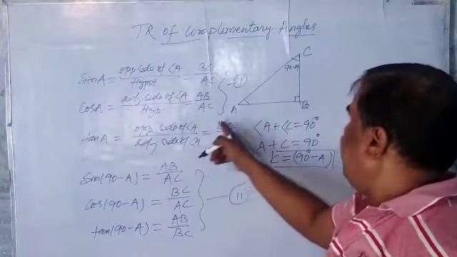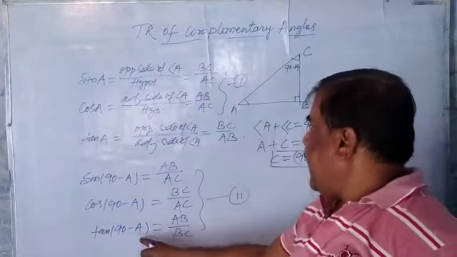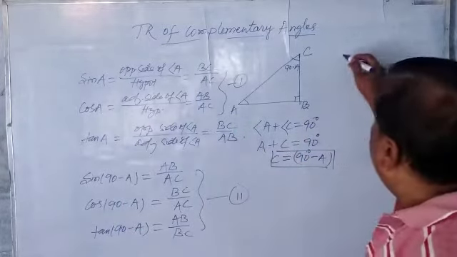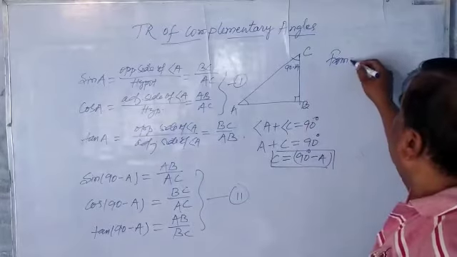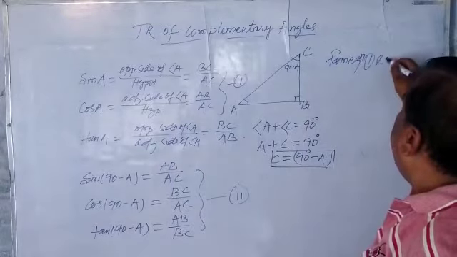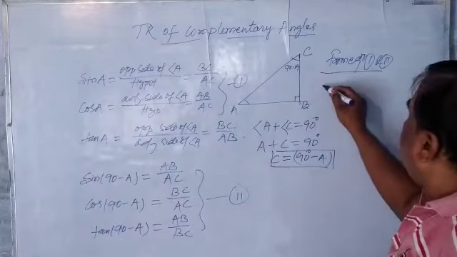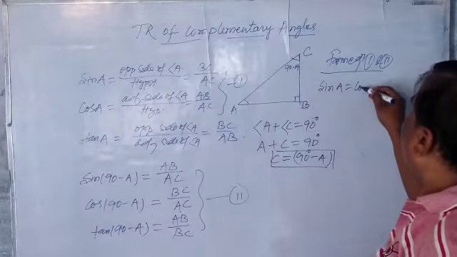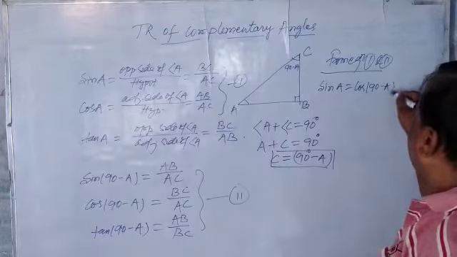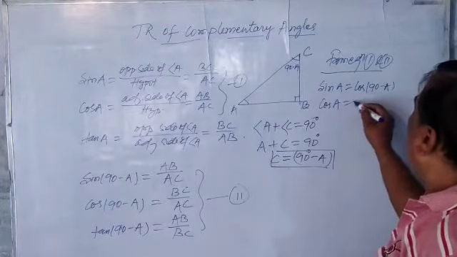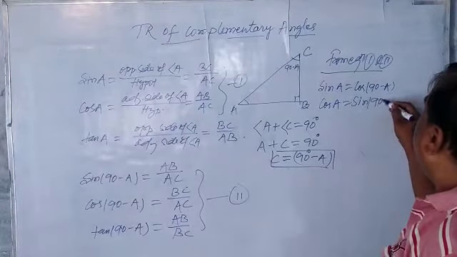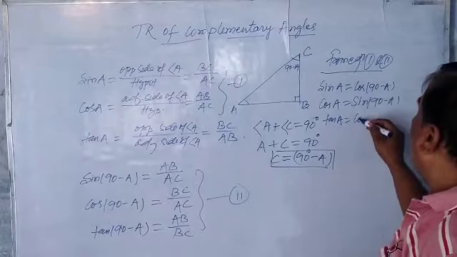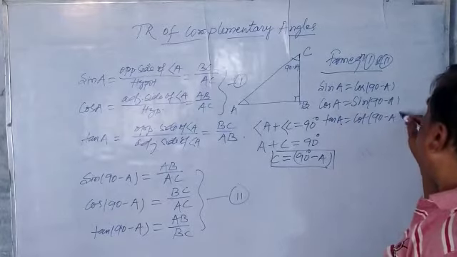And tan of 90 minus A is BC by AB inverted, this is the reciprocal of tan A, that means cot A. So from equation 1 and 2, sin A is equal to cos of 90 minus A, cos A is equal to sin of 90 minus A. Similarly, we can say that tan A is equal to cot of 90 minus A.